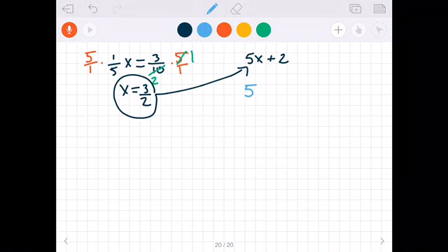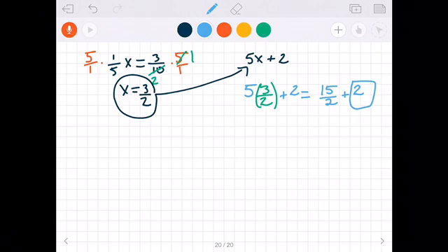5 times 3 over 2 plus 2 equals, and then I just multiply 15 over 2 plus 2. At this point, there's 2 different ways we can solve it. We can change this improper fraction to a mixed number and add, or we can change 2 to have a denominator of 2.